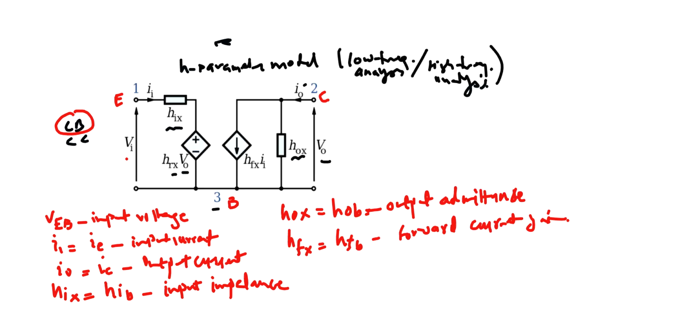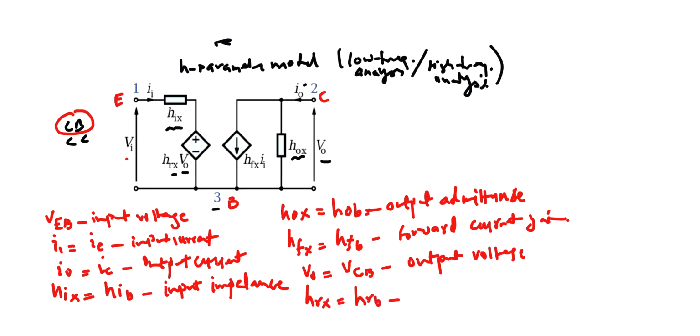Then you have the output voltage, which will be your VCB. And finally, you have HRX, that is HRB, and this is your reverse gain.